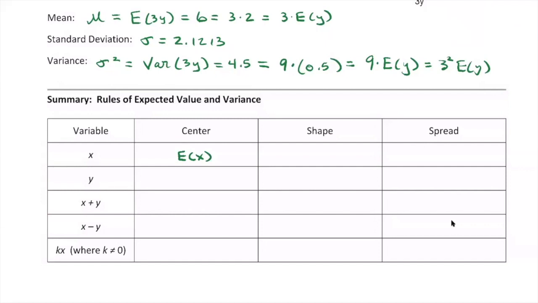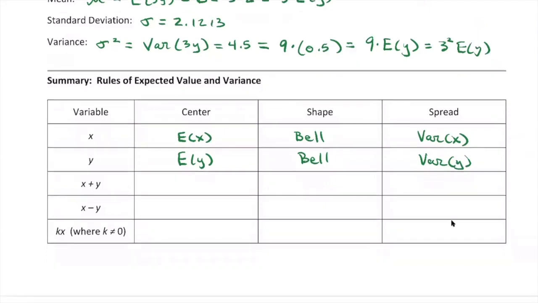The shape was a bell shape. And the spread was the variance, so var of x. Okay. Then for y, the mean was the center, the expected value of y. The shape was also bell-shaped. And the spread was var of y.